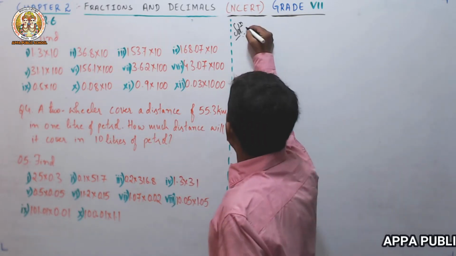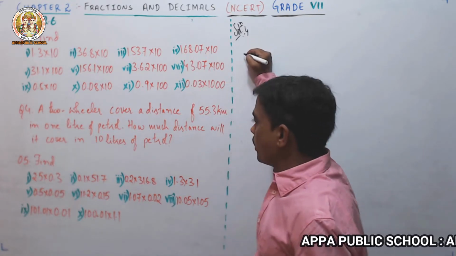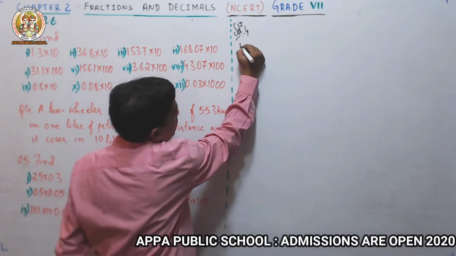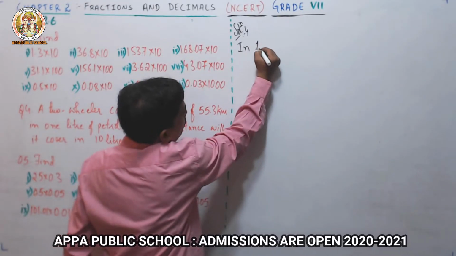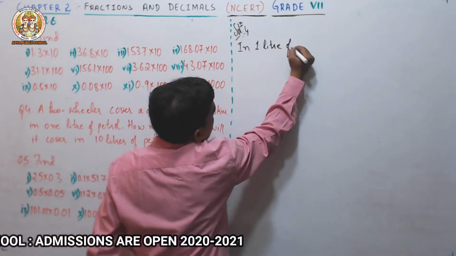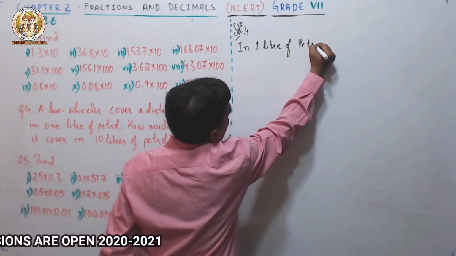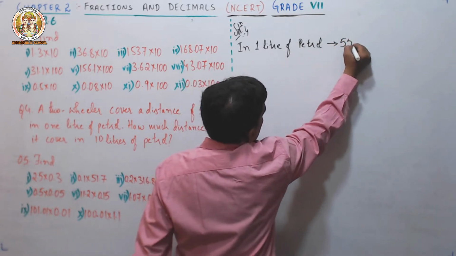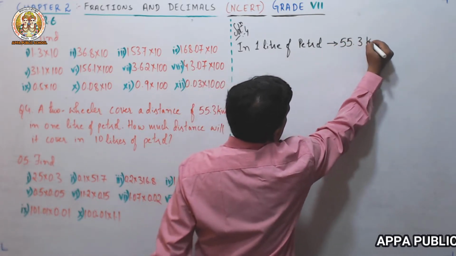Solution for the fourth one. The question is, a two-wheeler covers a distance of 55.3 km in 1 liter of petrol. So I'll write here in words. In 1 liter of petrol, how much distance will it cover? 55.3 km.